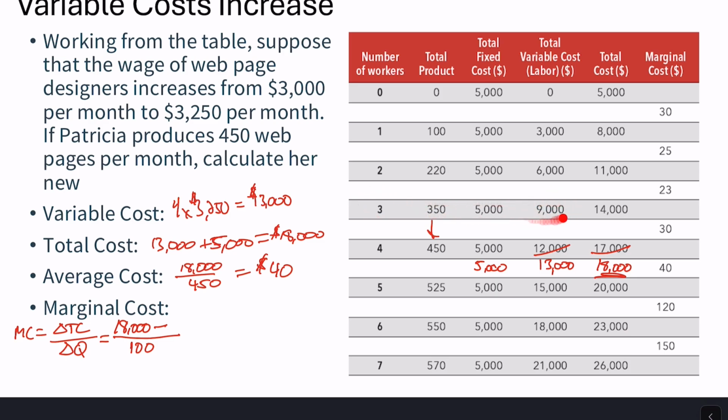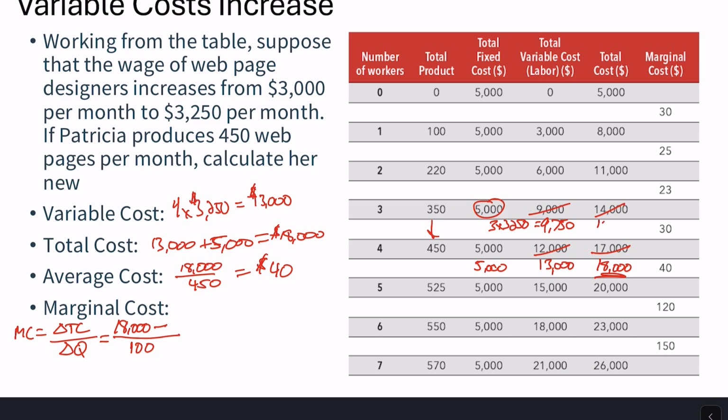So instead of 3 times 3,000, we need to do 3 times 3,250. So this is going to be, 3 times 3,250 is going to equal a new variable cost of 9,750. Okay, for that variable cost now. So now we have a new total cost for line 3, 5,000 in fixed, plus that 9,750.